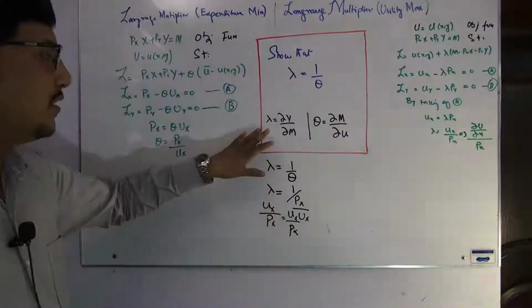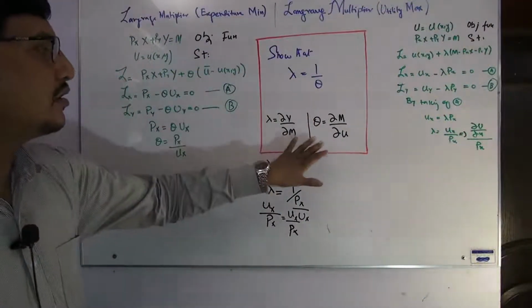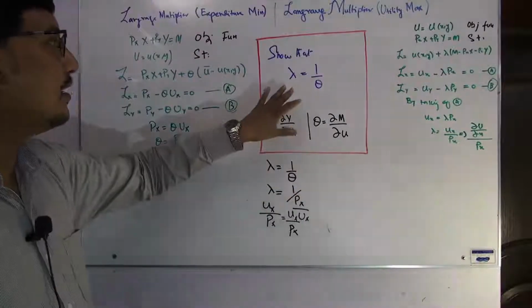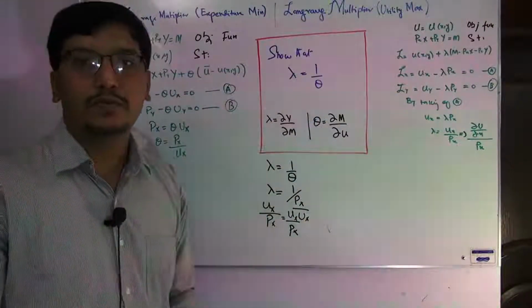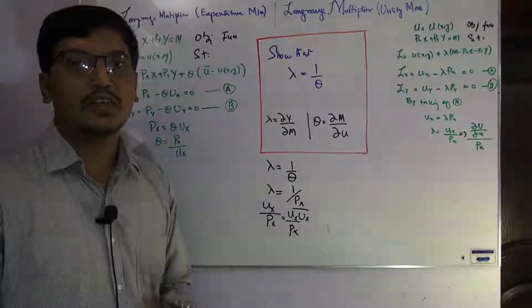So this is the interpretation of lambda, this is the interpretation of theta, and we proved that lambda is equal to the inverse of theta, 1 over theta.